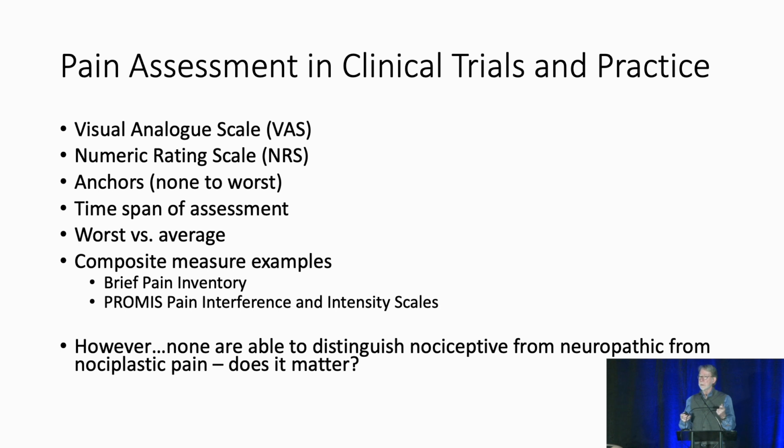And there are also some composite measures that are out there, such as the brief pain inventory or the PROMIS pain interference and intensity scales. However, none of these are able to distinguish nociceptive from neuropathic from nociplastic pain. And the question is, does it matter? So I'd like to just take the next few slides to investigate whether it does matter.